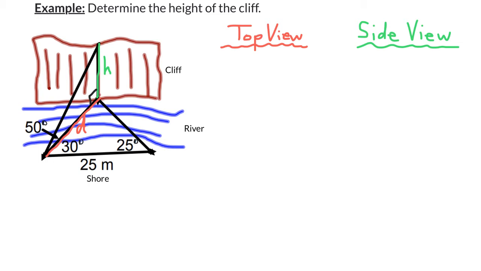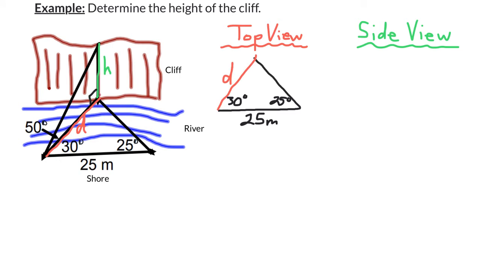So my top view is going to be up in the sky looking down on this triangle. So we're using the triangle that has the 25 meters along the shore and the 25-degree angle looking to the base of the cliff and the 30-degree angle looking to the same point on the base of the cliff. So there's my top view triangle.